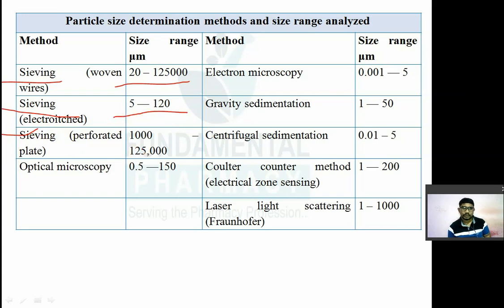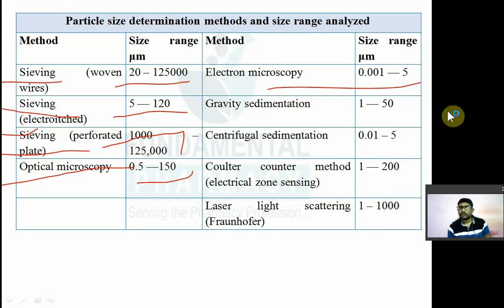Now, sieving with a perforated plate sieve, you can measure the particle size in range of 1000 to 1,25,000. By using optical microscopy, you can analyze the particle size in the range of 0.5 to 150 micron. By using electron microscopy, the range is 0.001 to 5 micron.